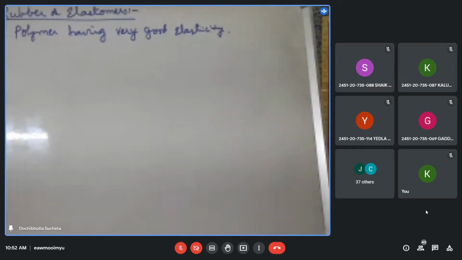Now you want to tell that elasticity is a property in which the polymer undergoes physical deformation when stress is applied, and when stress is released, the polymer regains its original shape. The property is called elasticity. Now, why do you think these polymers will have elasticity? Because of their structure.